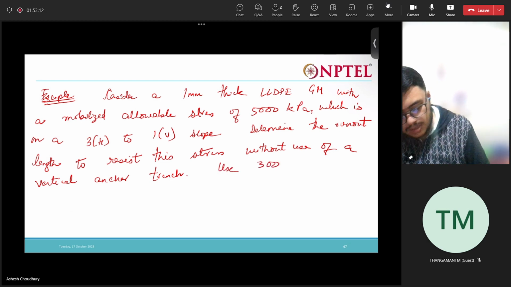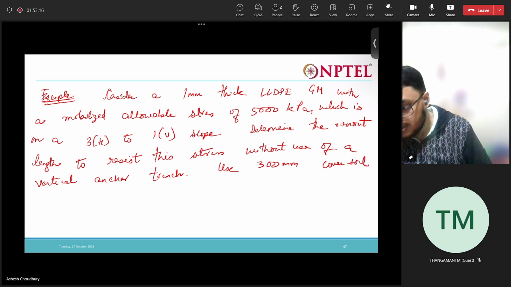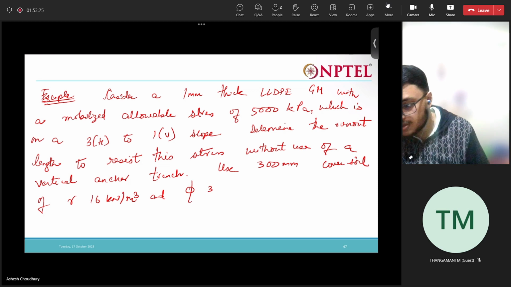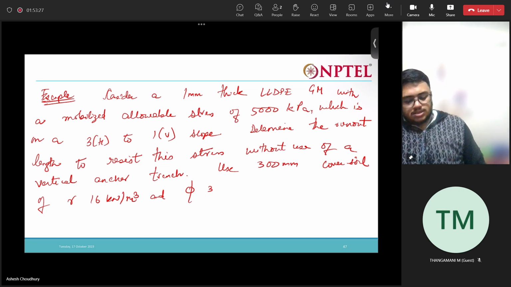Use 300 mm cover soil of gamma 16.5 kN per meter cube and phi 30 degrees. Okay, so let us do this one.